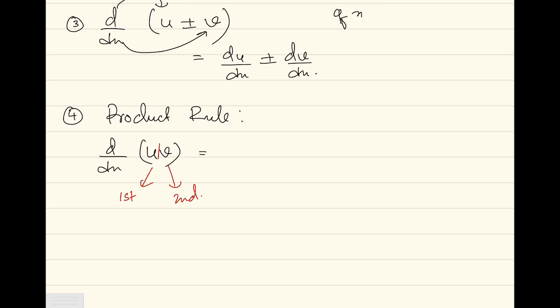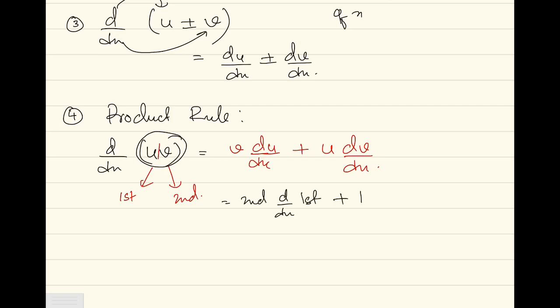Then we write v times du by dx, that is second times ddx of first, plus first times dv by dx. Did you see the pattern, everyone? How to differentiate? This is very interesting. If you ever come across a product of functions, the second one comes out, then you do ddx of first.